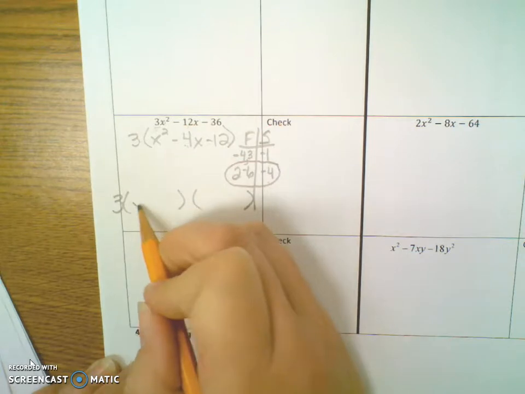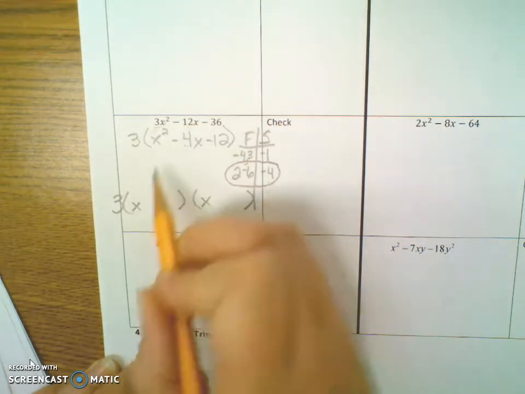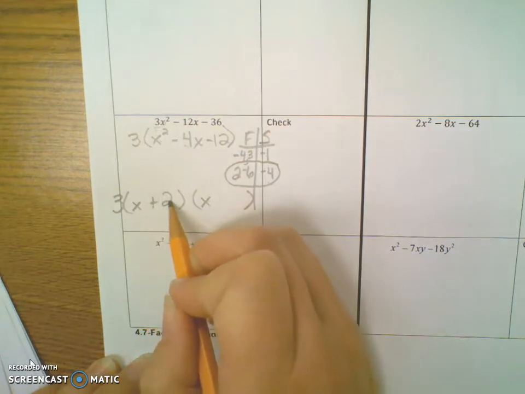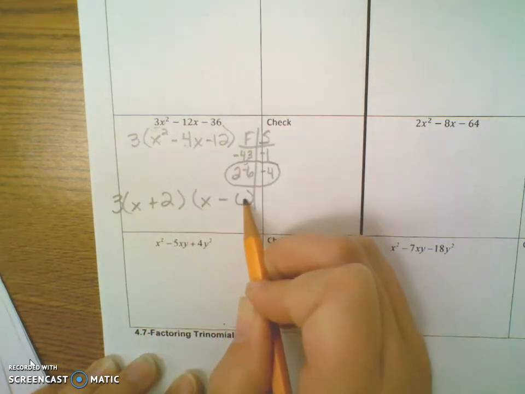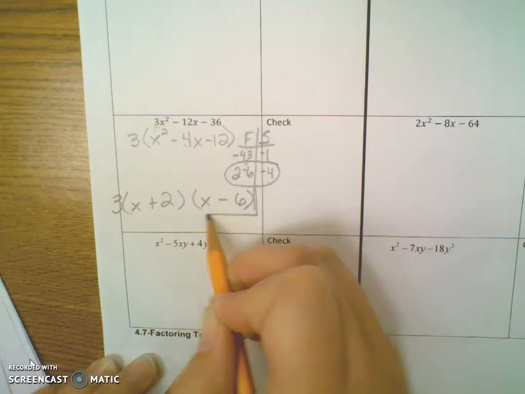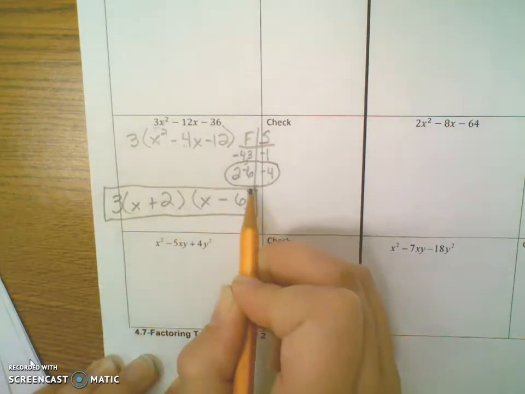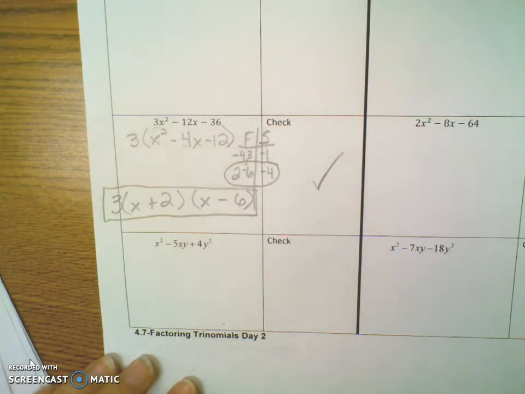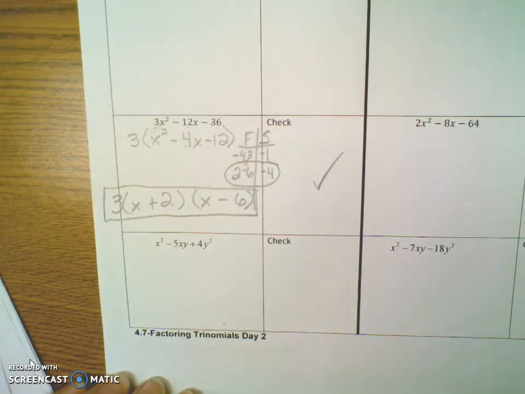So now I'm going to do x and x, because those multiply together to get x squared, and then plus 2 minus 6, and that's my final answer. And in my check, I checked it and it does work, but you don't have to watch my check.